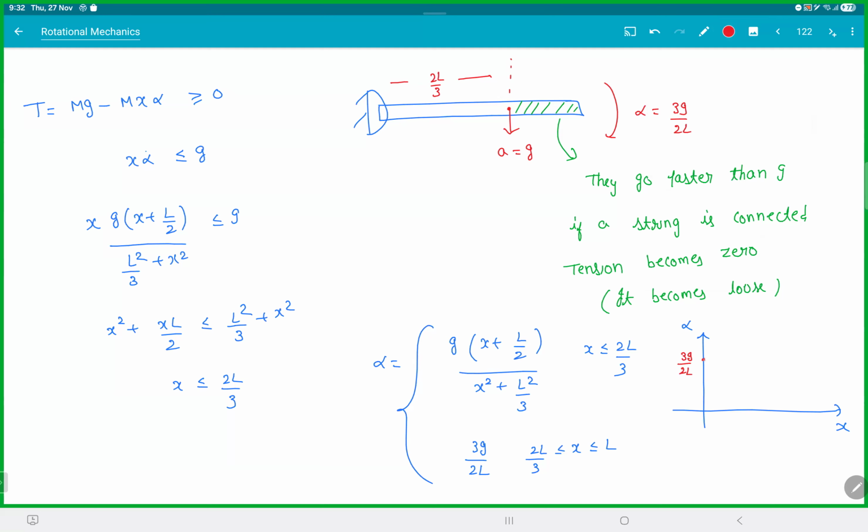So the graph exactly, we're not sure, but one thing is clear, it will decrease, and then again somewhere it will increase, and then it becomes constant. This position will be 2L by 3. That much we can guess. The graph would look something of this sort. As you put the block away and away, it will decrease and then increase, and then it just becomes constant.